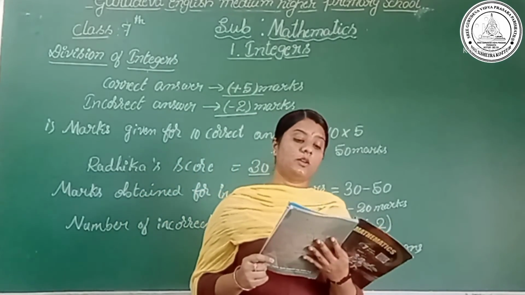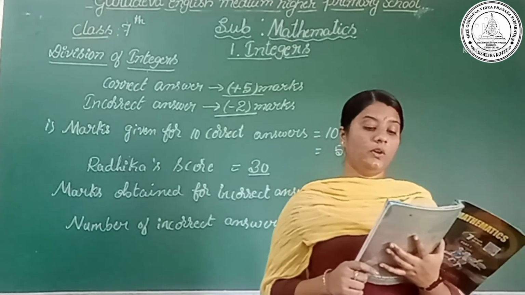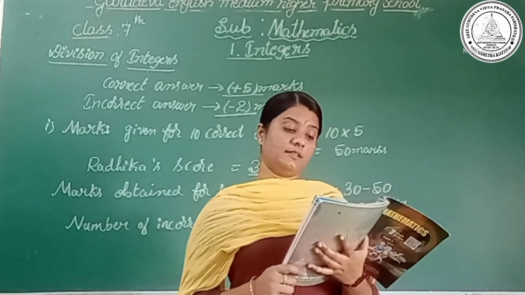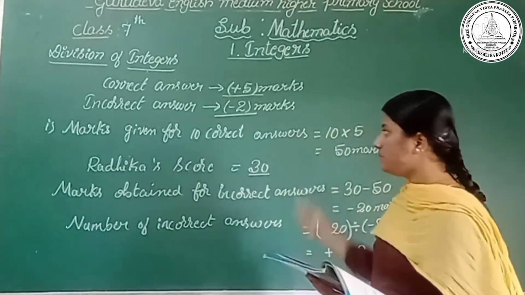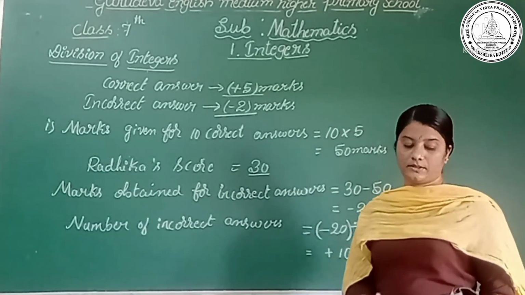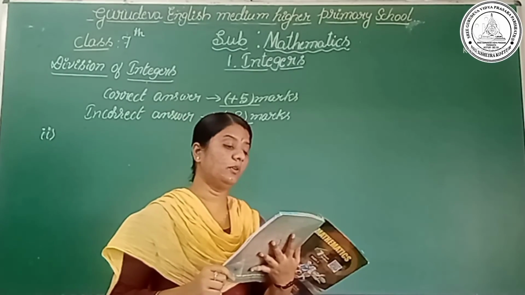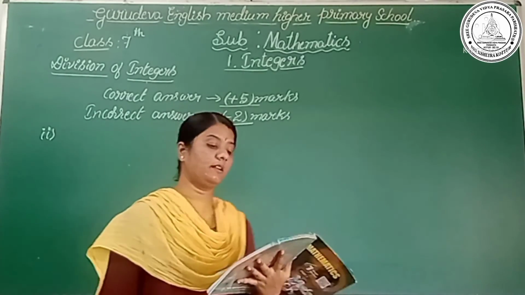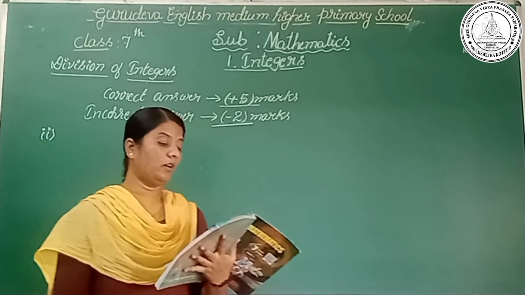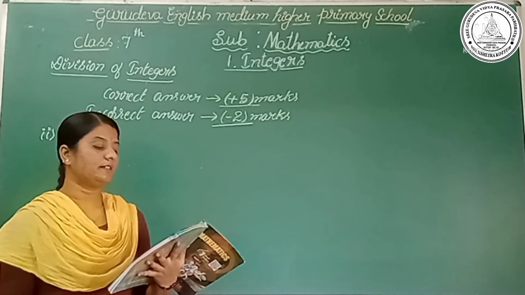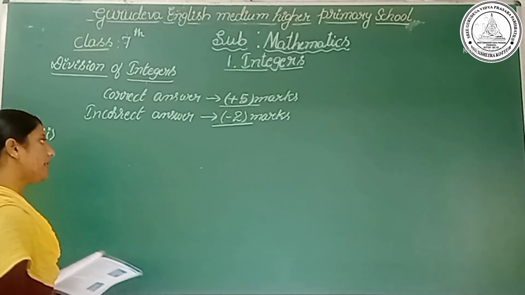Jai also answered all the questions and scored minus 12 marks, though he got 4 correct answers. How many incorrect answers did he attempt? In the same way we have to do it. Here Jai answered all the questions, but he scored minus 12 marks, and he got 4 correct answers, right? So first write down the marks given for 4 correct answers.